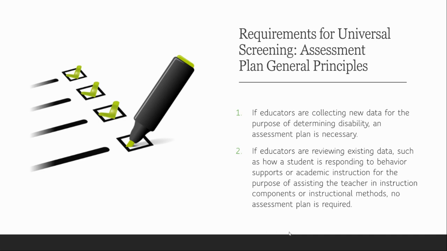So let's go ahead and discuss some requirements for universal screening. First, we're going to talk about assessments and having an assessment plan and creating some general principles. So when students are observed, interviewed, or tested, the school staff must consider whether there is a need for the parent to be informed or if consent is required in order to conduct that assessment.